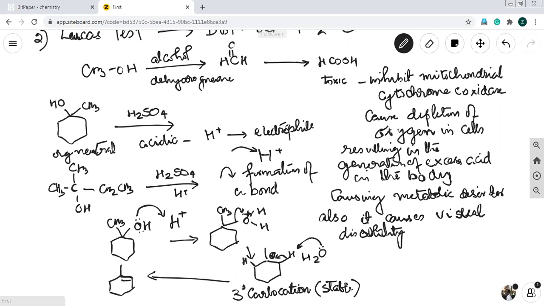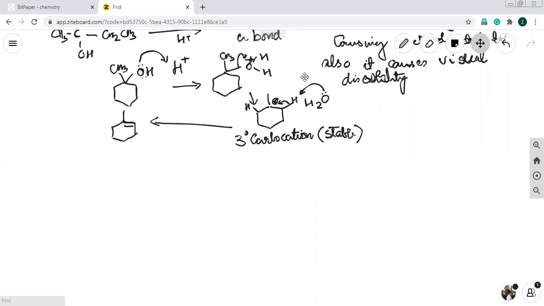And please remember this dehydration reaction. See here, we have generated this carbocation, right?